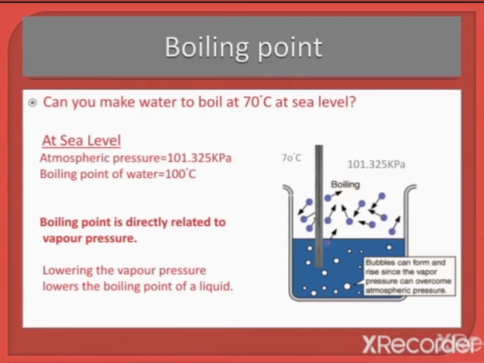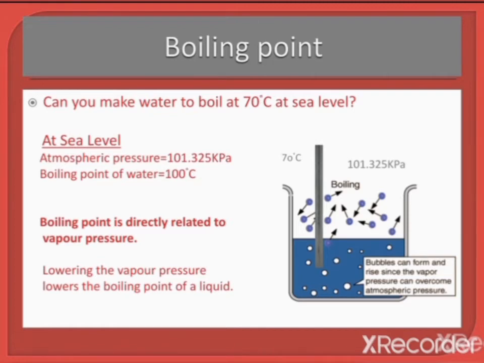Now, a question may rise in your mind: can you make water boil at 70 degrees centigrade at sea level? As you already know, at sea level the atmospheric pressure is 101.325 kilopascal. So at this atmospheric pressure, water boils at 100 degree centigrade.